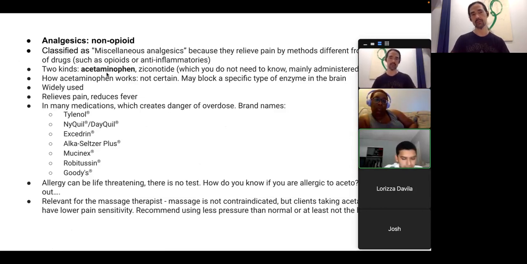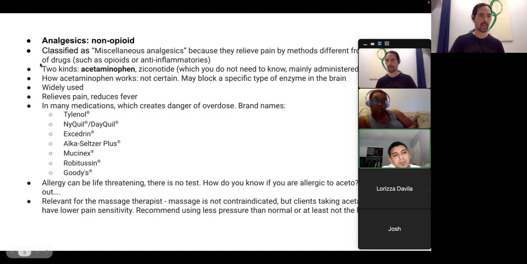For the most part it's Tylenol, but acetaminophen is also combined with other drugs. So in NyQuil or DayQuil, acetaminophen may be combined with a decongestant, for example. In something like Excedrin or Alka-Seltzer Plus, it may be combined with other things.